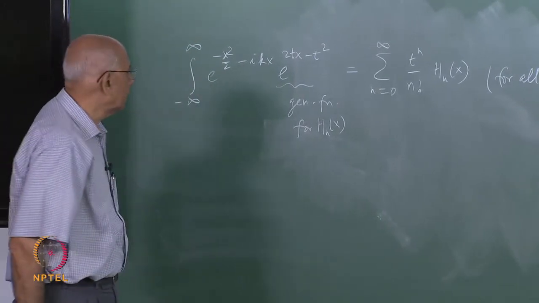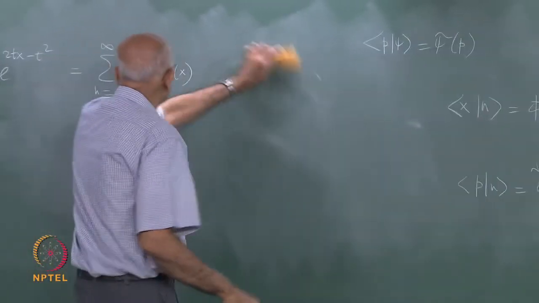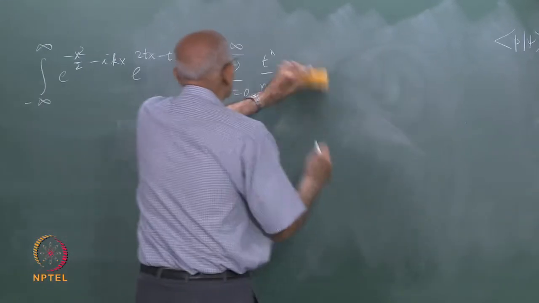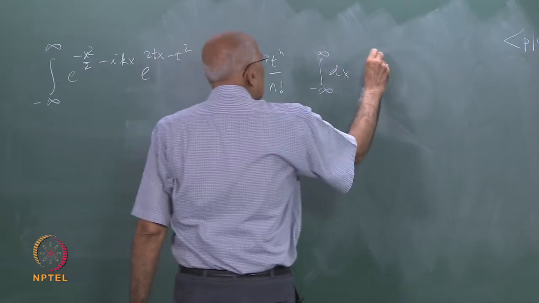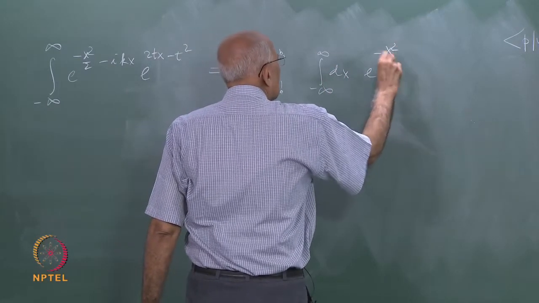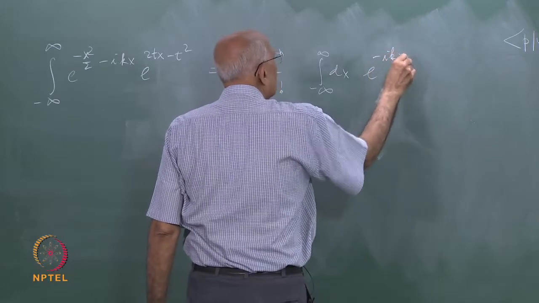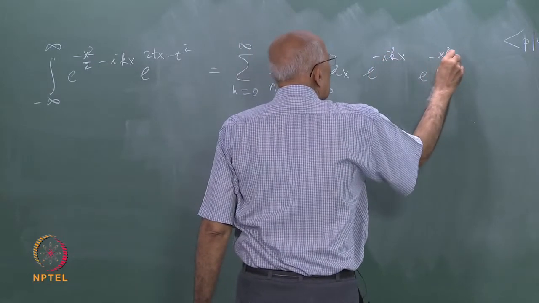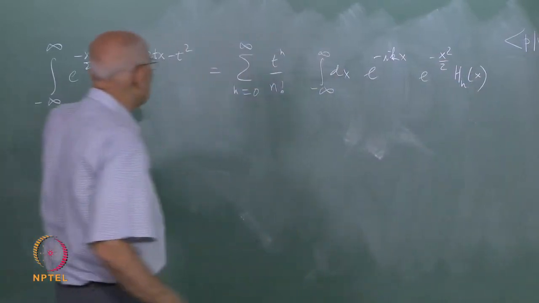So I have the integral from minus infinity to infinity dx e to the minus ikx e to the minus x squared over 2 times the sum. This has got to be equal to this.